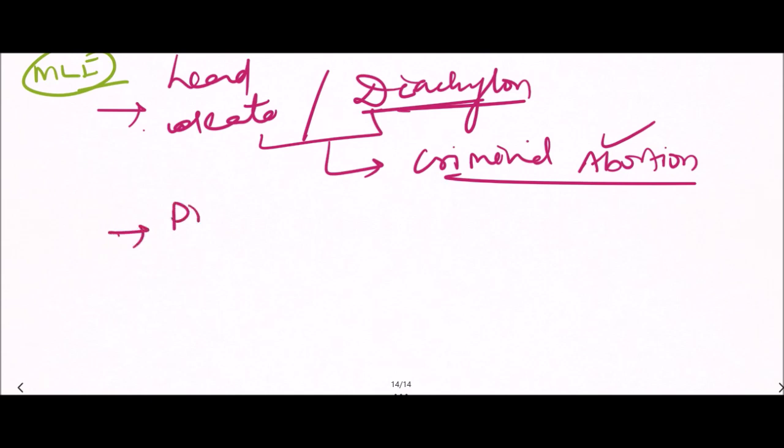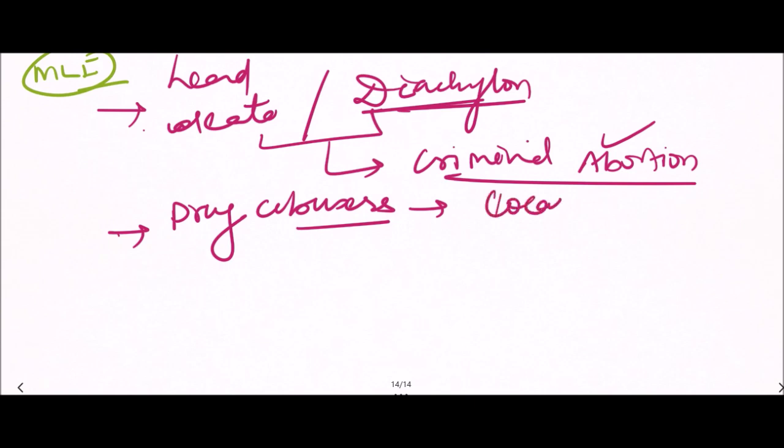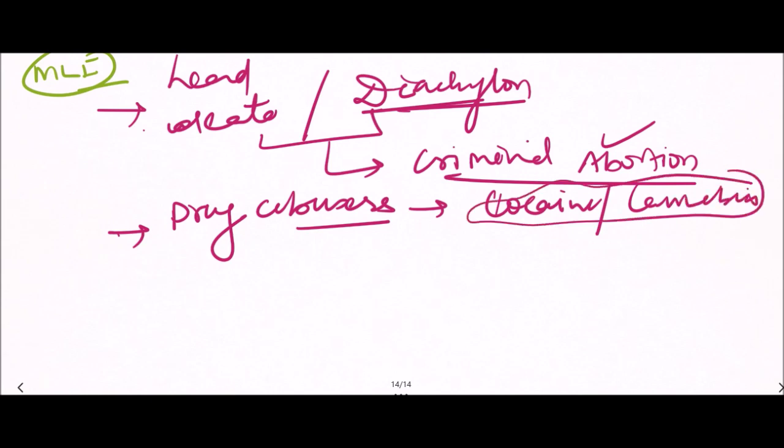Now, lead poisoning is common in drug abusers because of the use of lead in adulteration of cocaine and cannabis. So a person consuming cocaine and cannabis is susceptible to lead poisoning. It is common in drug abusers also.